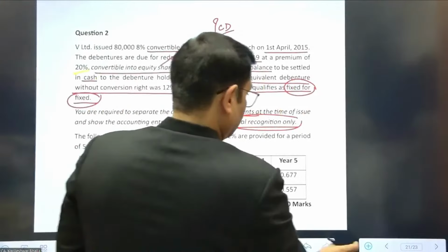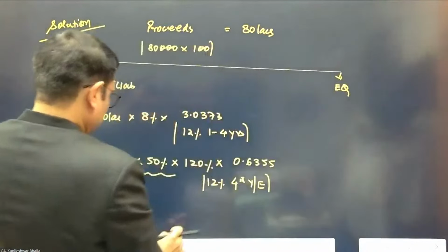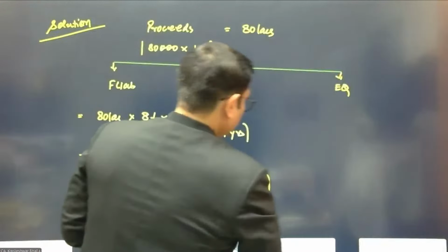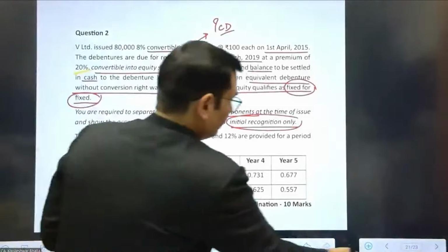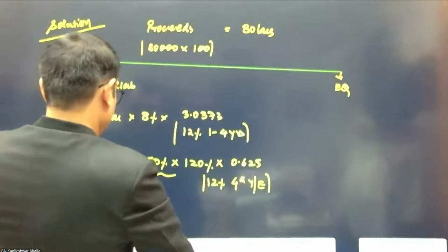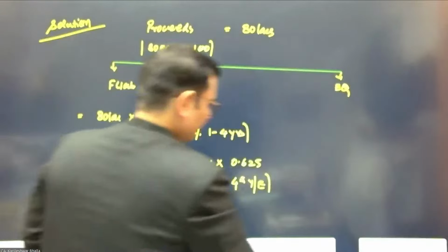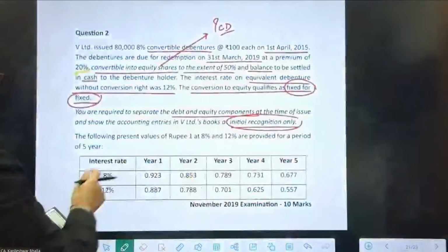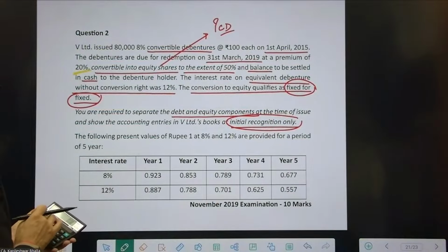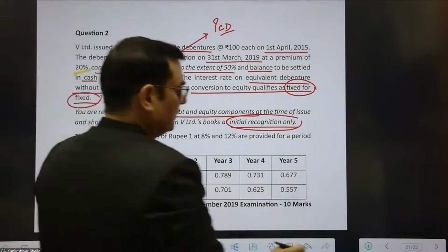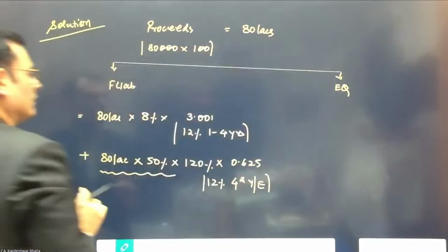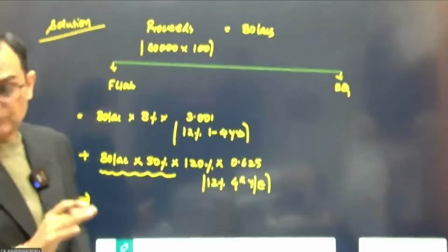So 12% is 0.625. It's slightly different from what I've taken, but we'll abide by the question since it is given 0.625. And let's also take the cumulative from the question itself. Let's take the cumulative of 4 years: 0.887, 0.788, 0.701, 0.625. I think it's 3.001. So as per the instructions in the question, I'm abiding by the discounting factor.